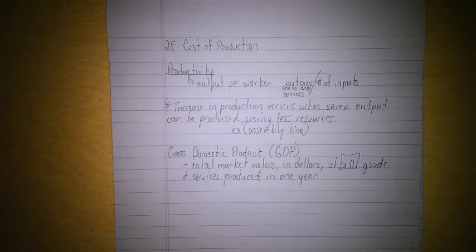So, take a wild guess at this because I don't figure many of you would know the answer. How much do you think America's GDP was in the last couple of years? How much we produced in total value. Well, what are we producing? It's literally everything. Anything we produce.